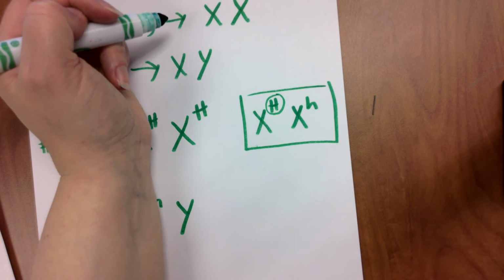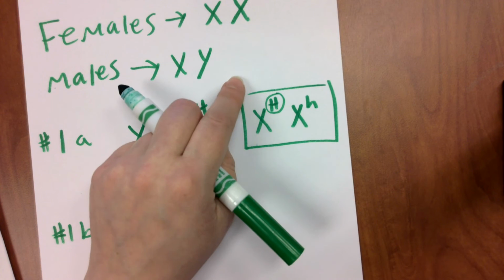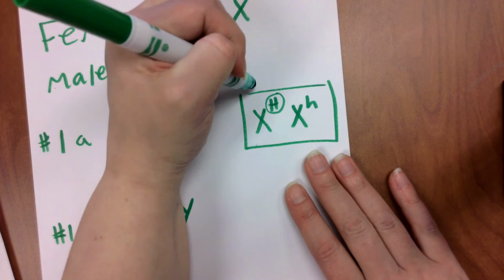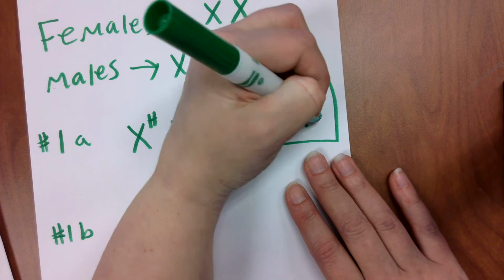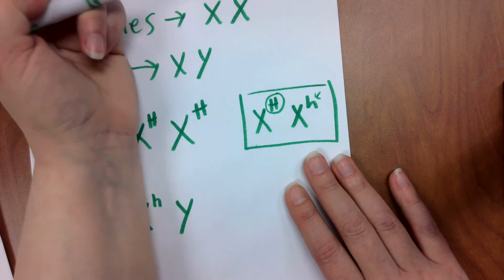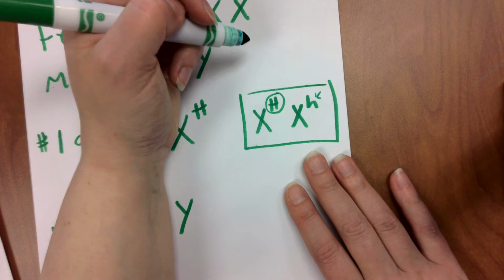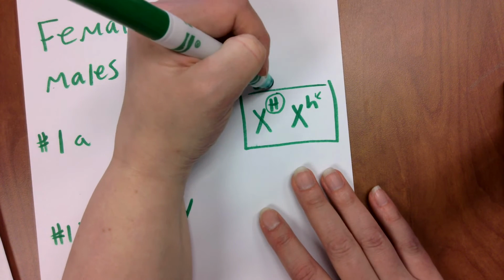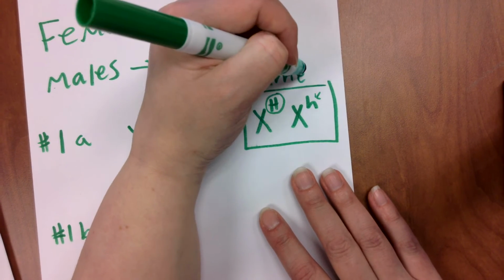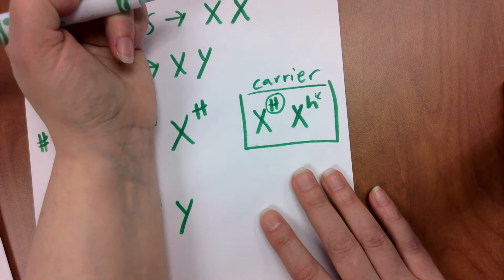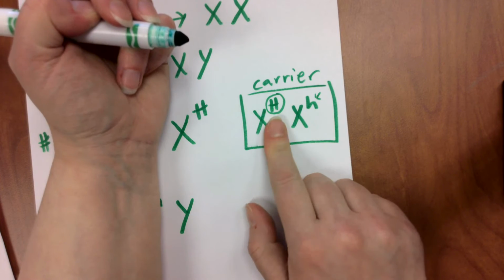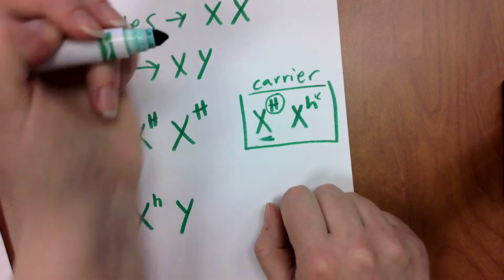So this female, in my example in the box here, has a family history because of this h, but she doesn't have hemophilia. In this case, a female like this is called a carrier. Okay, because they carry the gene, but they don't show it because they have this extra X.